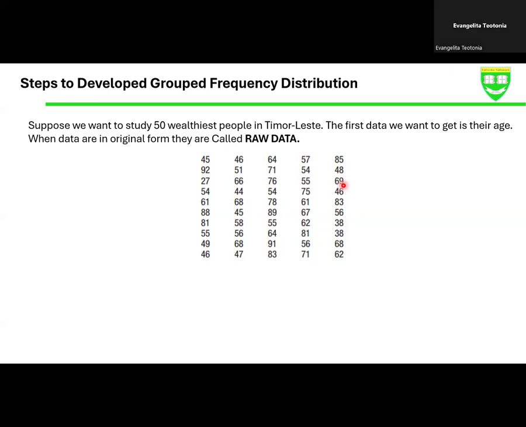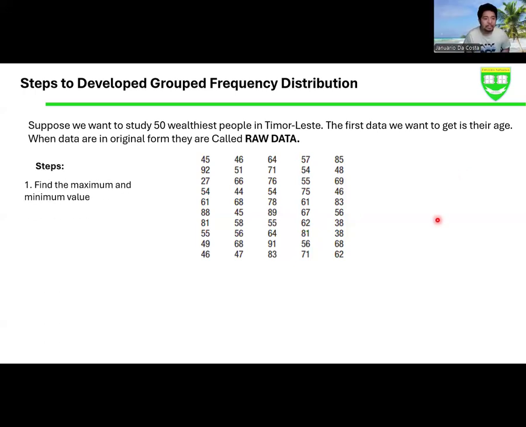Now that you already have the raw data, how do you develop a grouped frequency distribution? Step one involves finding the maximum and minimum value.